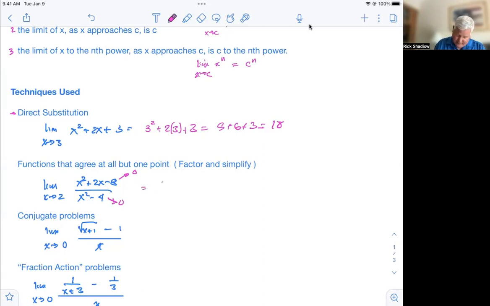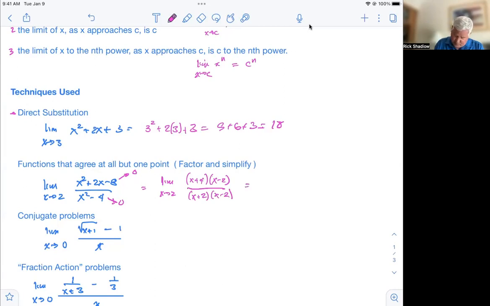And so if I factor numerator and denominator for that matter, x plus 4, x minus 2 over x plus 2, x minus 2, we have common factors of x minus 2. That'll just simplify to 1.